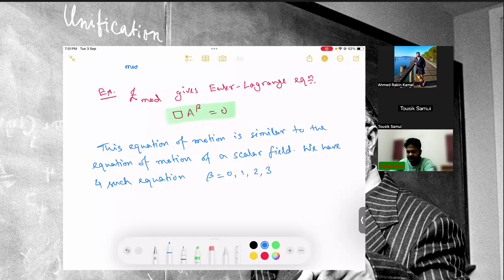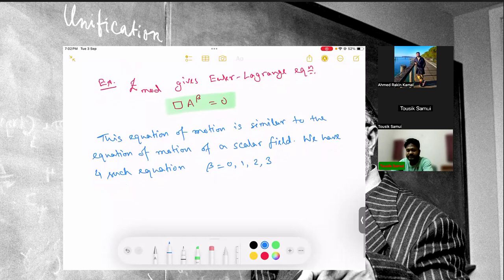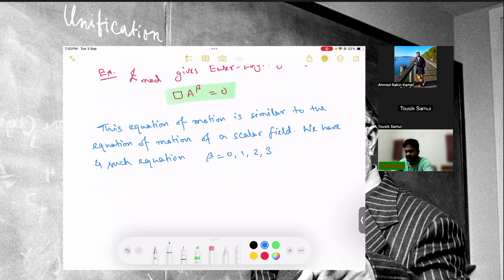We have four different equations, but all of them are similar to the scalar field. So the usual mode expansion will be similar to the scalar field, except that we now have to calculate the conjugate momentum field with the modified Lagrangian.